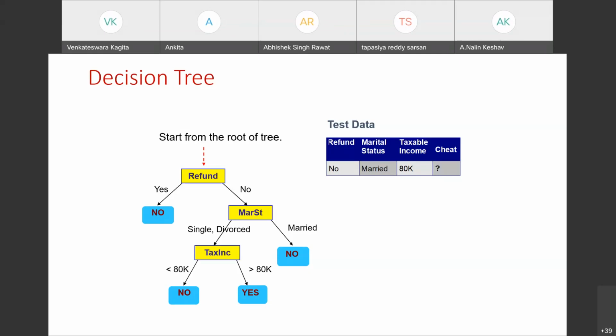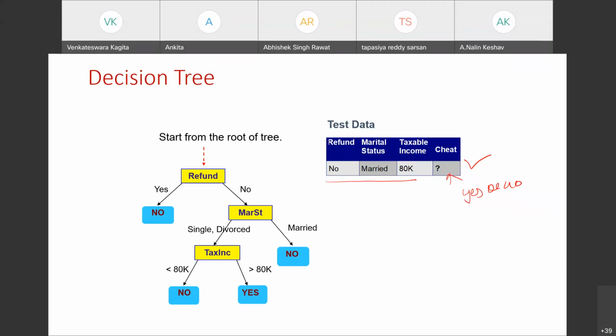Once the decision tree is constructed, this is how we test for a new instance. This is a new instance for which we only know the features, we don't know the output label. The output label is whether he would cheat or not, yes or no. Given a person's refund status, marital status, and taxable income, all this information is known to us, so we have to predict whether he would cheat or not. Based on the decision tree that we have constructed, let us see.